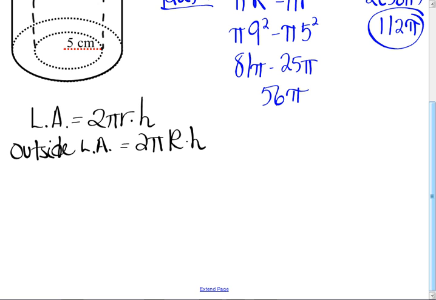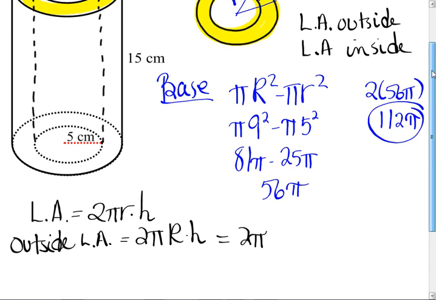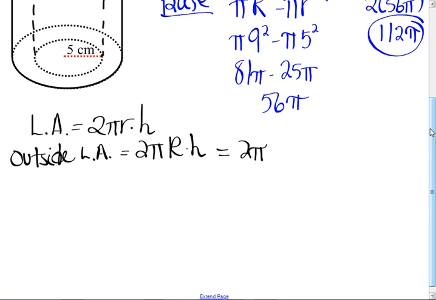So I want the big cylinder, so I'm doing the outside here. Okay, so it's going to be 2 pi times the big radius, which is 9. And then I have times the height, which is 15.